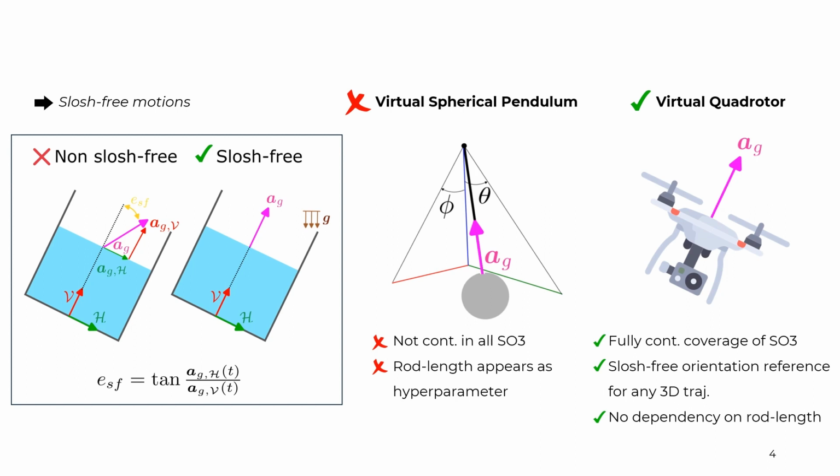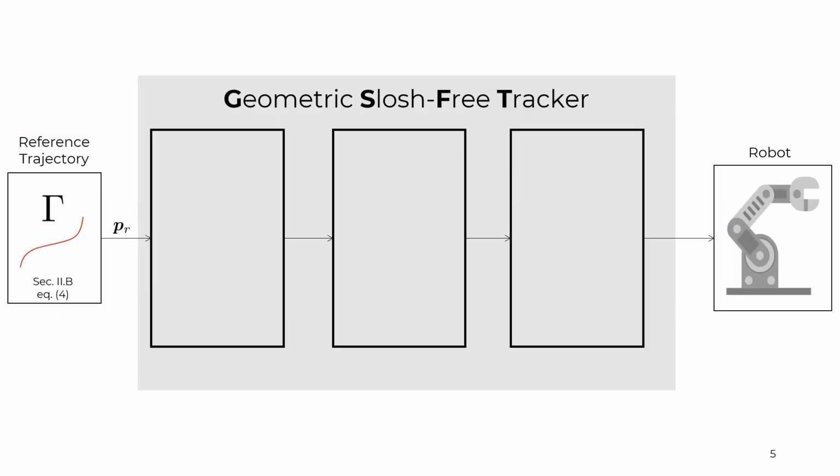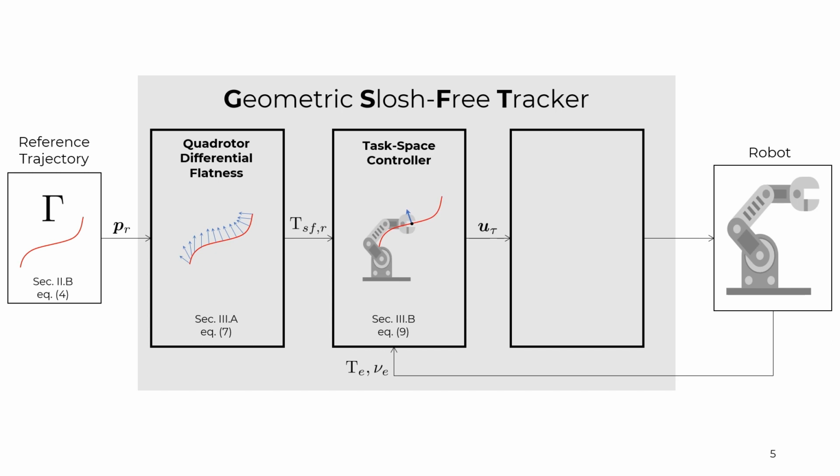Having motivated the choice of using a virtual quadrotor, we proceed to present the main building blocks of our methodology. The presented solution is decoupled into three stages. First, we use the quadrotor's differential flatness to compute a slosh-free orientation reference. Second, we present a cascaded proportional derivative controller to track the desired reference in the task space.